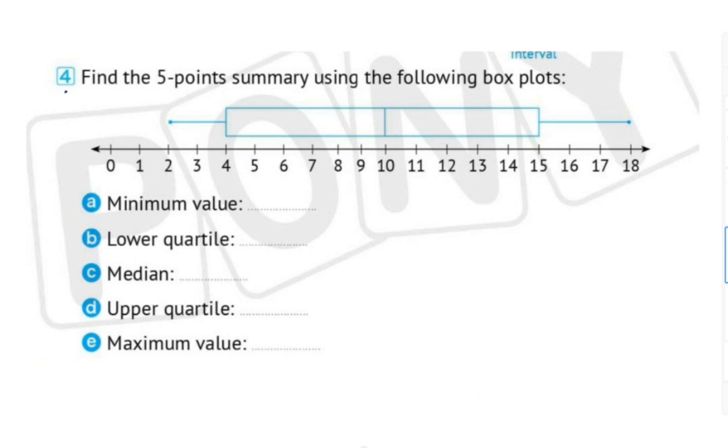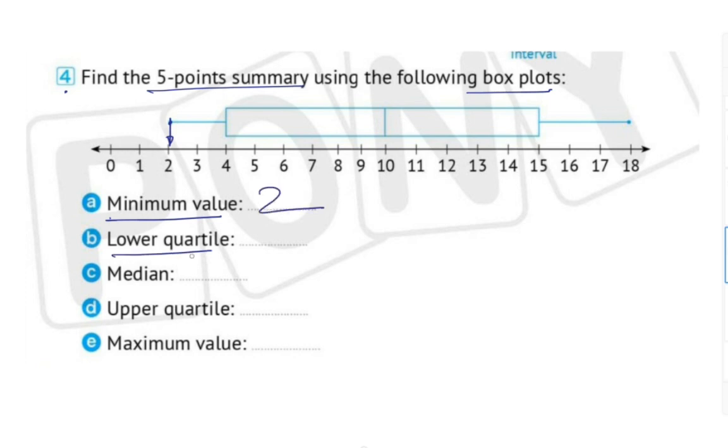Let's continue. Point number 4: find the 5-point summary of the box plot. That means minimum, maximum, median, Q1, Q3, and the median is Q2, sorry. To find the minimum value, this point leads us to the minimum value 2.